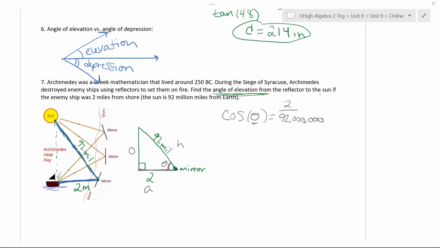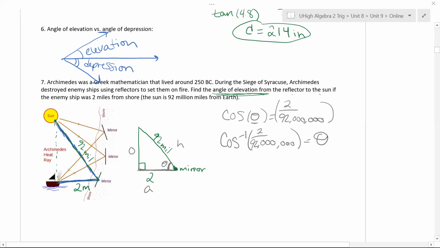I actually have to use one of my inverse trig functions. So instead of using the cosine, I'm going to use the inverse cosine of my adjacent over my hypotenuse. And what this is going to solve is this is going to give me my angle.